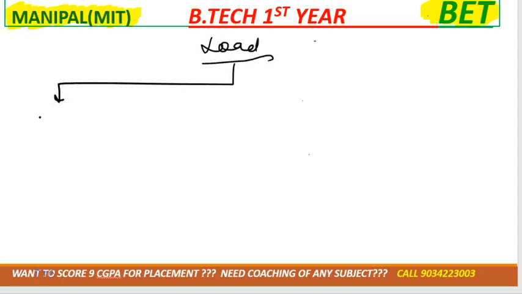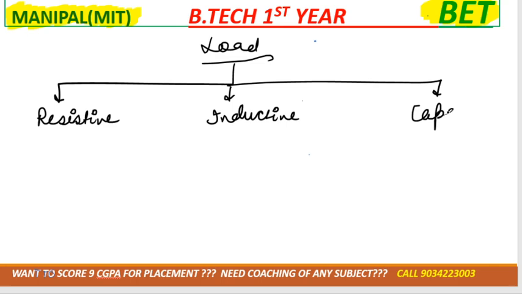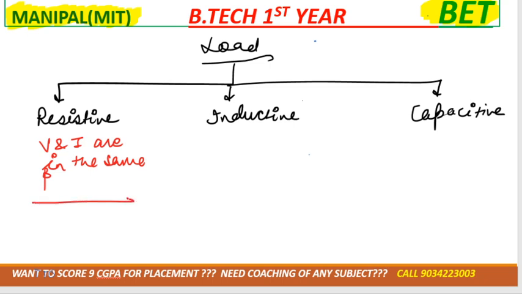Basically, as you know, we'll have three types of load. One is the resistive load, another is the inductive load, and another is the capacitive load, right? In the resistor, voltage and current are in the same phase. Same phase means if voltage is on the x-axis, then current is also on the x-axis.